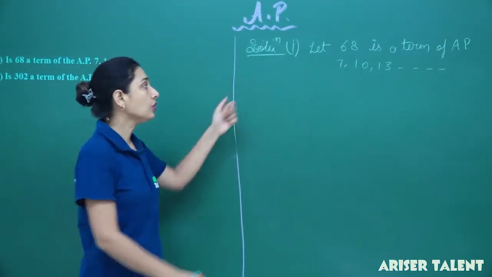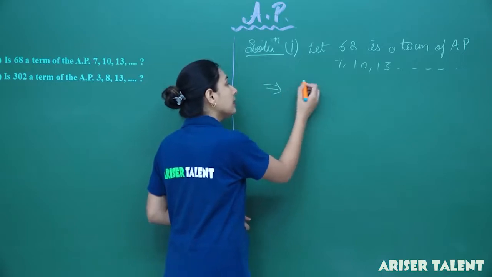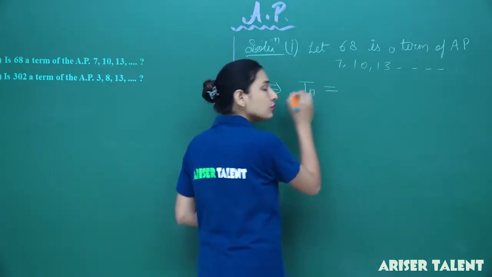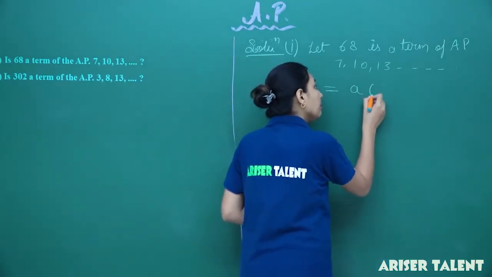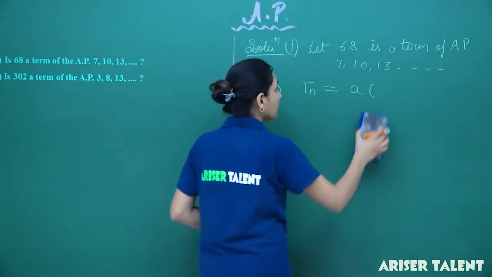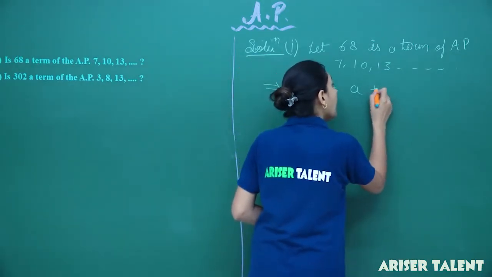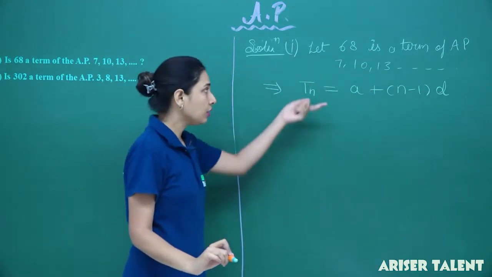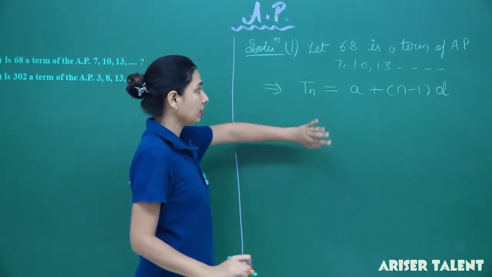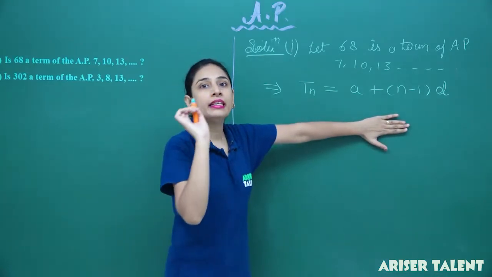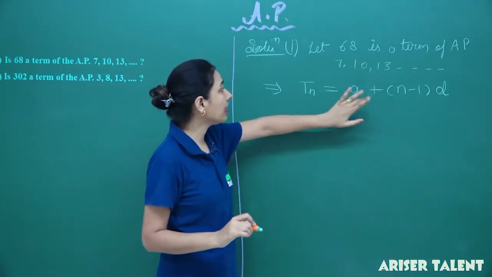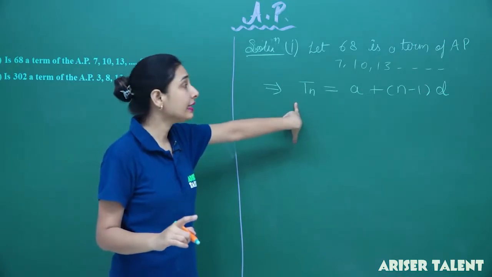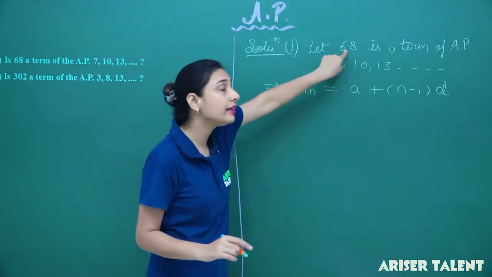If it is so, this implies Tn will be equal to a plus (n minus 1)d. Now, you have read this formula more than 25 times, so you know it very well. Now, let the value of Tn, the nth term, be 68.